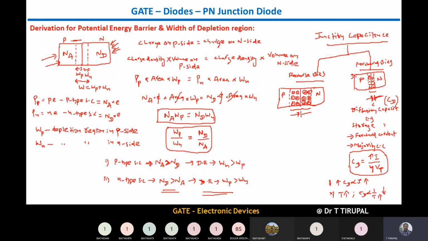This is nothing but a capacitance, and this capacitance is called transition capacitance. Capacitance which is observed in reverse bias is called transition capacitance, or it is also called space charge capacitance.